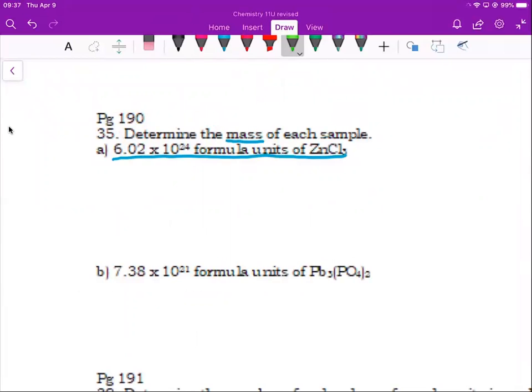This is asking to determine the mass of 6.02 times 10 to the 24 formula units of zinc chloride. Let's first find the number of moles of zinc chloride that we have. So I'm taking the number of things, in this case formula units, and I'm dividing it by Avogadro's number.